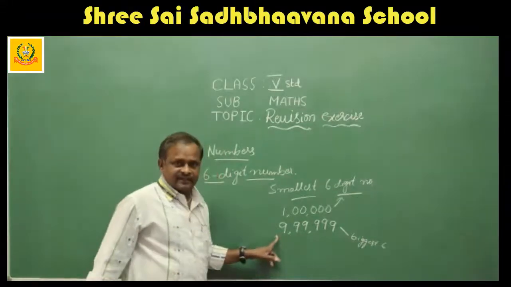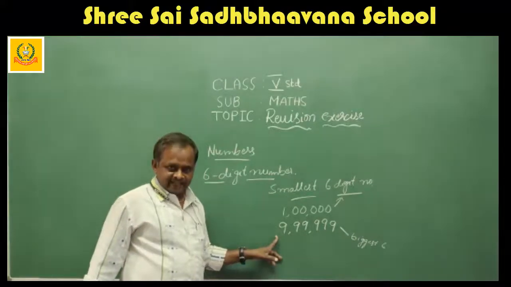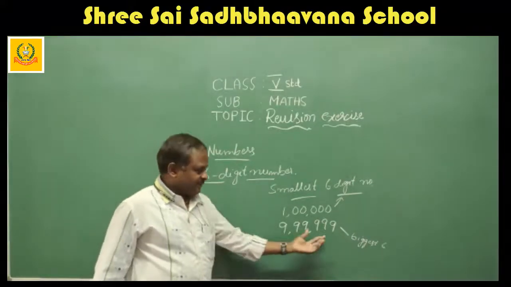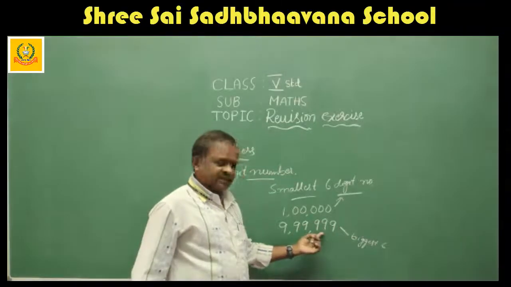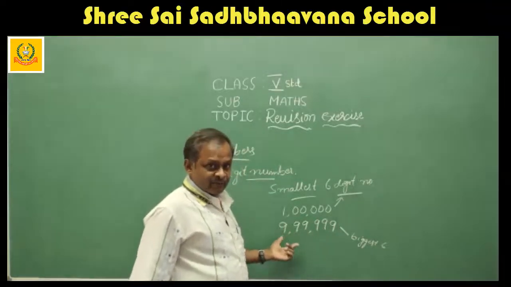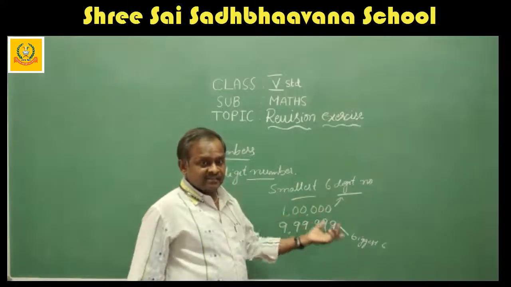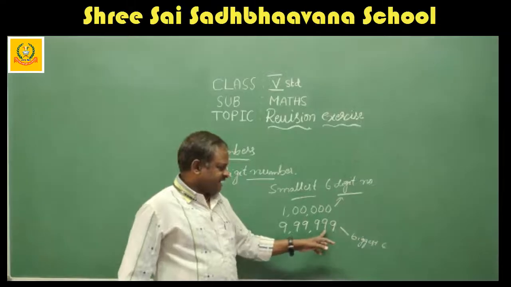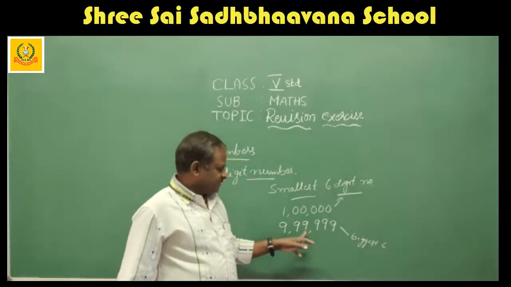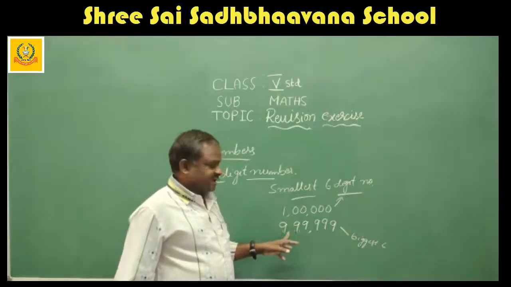This is lakh place, so it is 9 lakh. I hope you understand the place value. What is the face value? This is 9 only. Here also 9 only. But when you come to the place value, it changes: 9, 90, 900, 9,000, 90,000, 9 lakh.